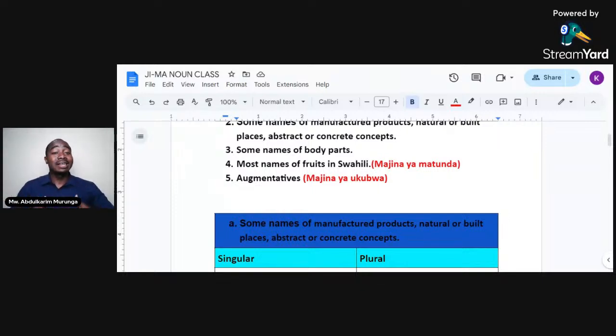So jitu will automatically fall into the Jima class. Mtoto is a child. Now we say jitoto, a big child, will automatically fall into the Jima class. Okay, so let's get started with examples in each of these categories we've mentioned.